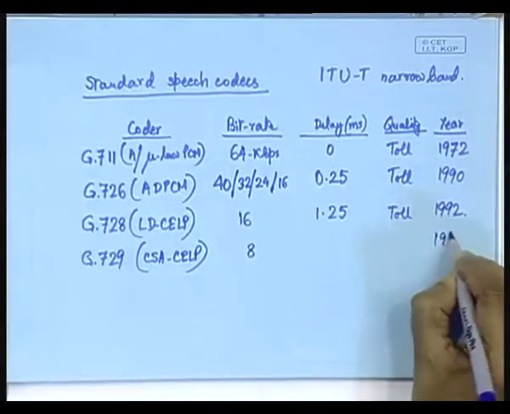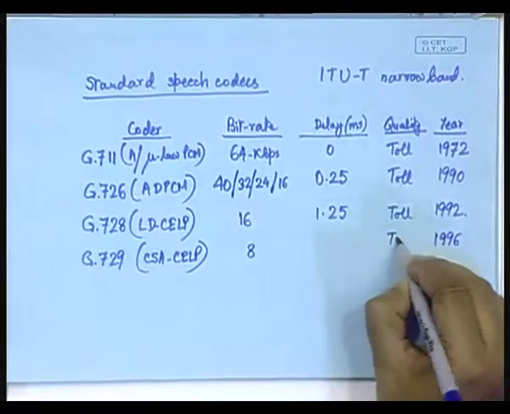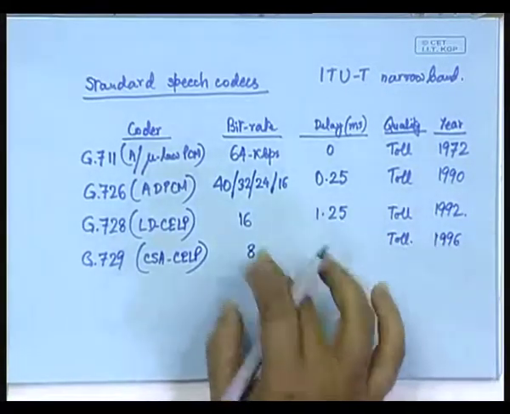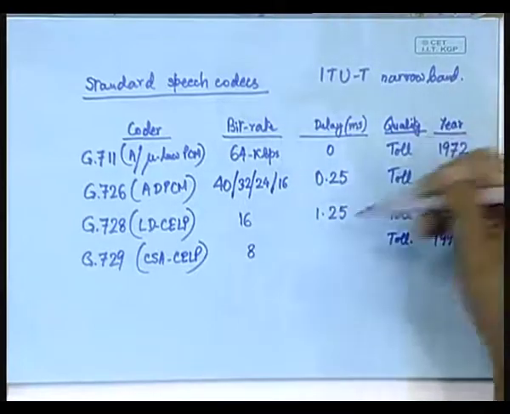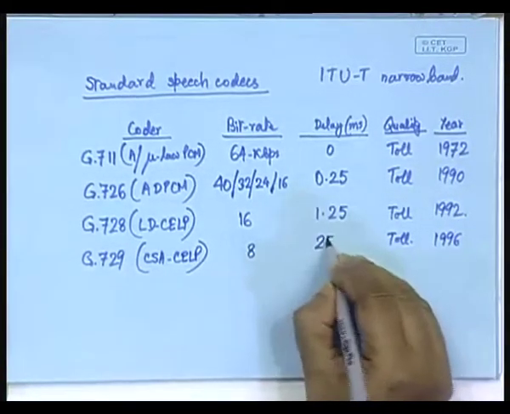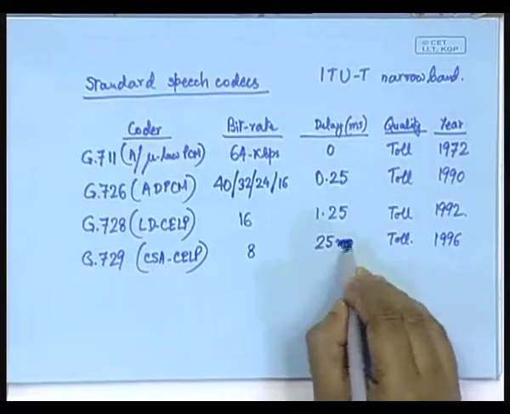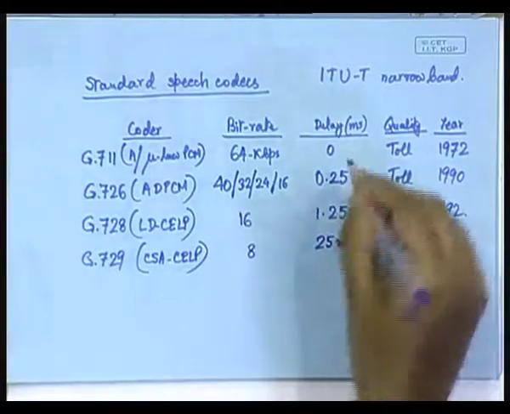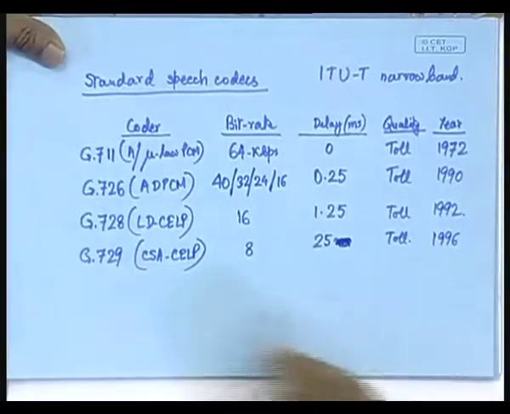This was adopted in 1996, and this also gives toll quality, but in order to make it work at 8 kilobits per second, which is 8 times lower than the original PCM, on the bad side it incurs a delay of 25 milliseconds. All the delays I am talking about are in milliseconds.